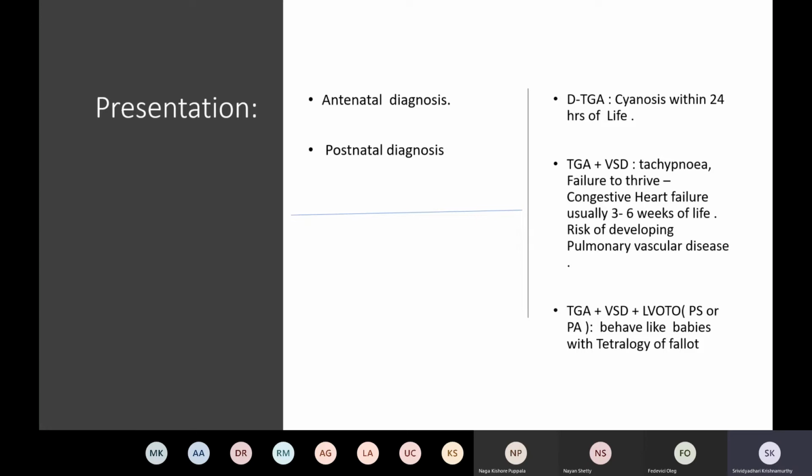So they can have either pulmonary stenosis or pulmonary atresia, and they present like babies with tetralogy of Fallot, with cyanosis and cyanotic spells, depending on how much mixing is happening and how much pulmonary flow there is. They can also develop failure-like symptoms, like we talk about the pink Fallots.